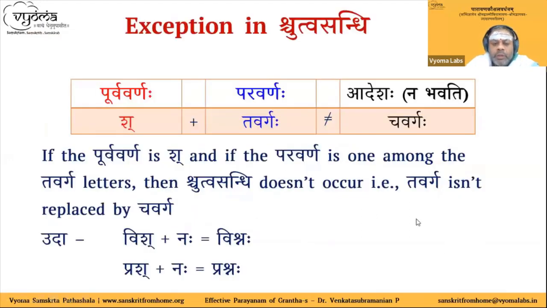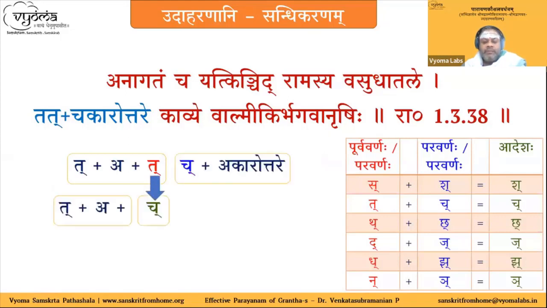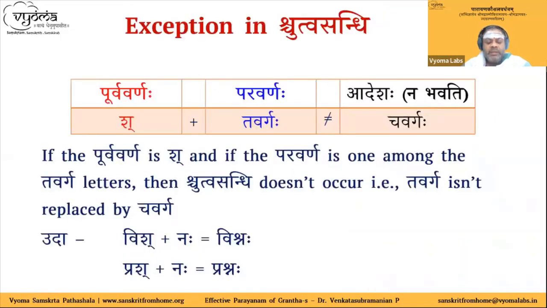So we are studying an exception in Shchutvasandhi, before we get into the example. We studied one example, tat chakarottare. Now, what does it say is, if purvavarna is shakara and paravarna is tavarga, chavarga adesha will not happen. This one you should remember.